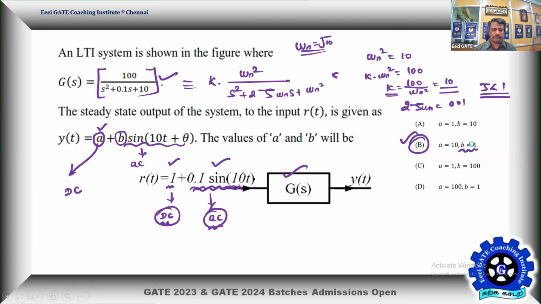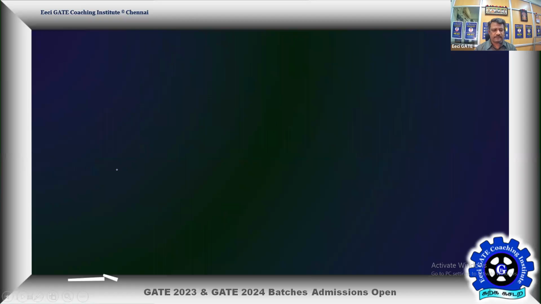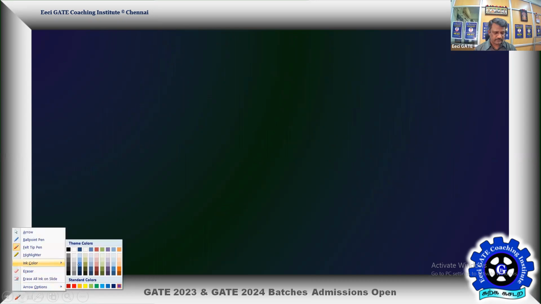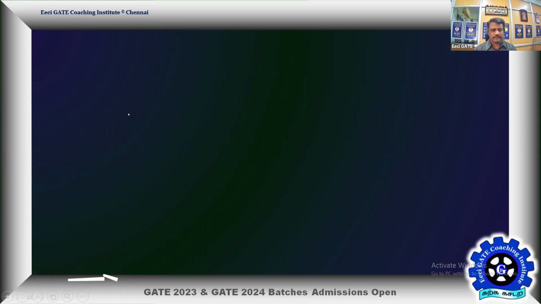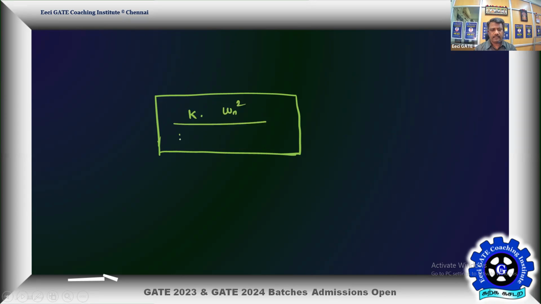We'll see. So let us go for the AC excitation of the same system. K times omega n square by s square plus 2 zeta omega n s plus omega n square.